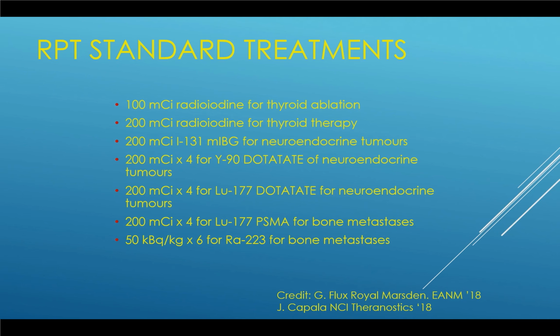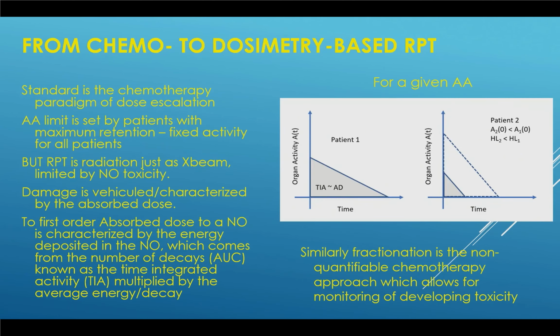It's everybody gets the same amount, and sometimes we fractionate. And what we want to do is to change that. So again, this is a chemotherapy type of approach. You give increasing amounts of activity when you bring a new drug onto the market, and when you start to see toxicity, you say that's the amount of activity that everybody can get.